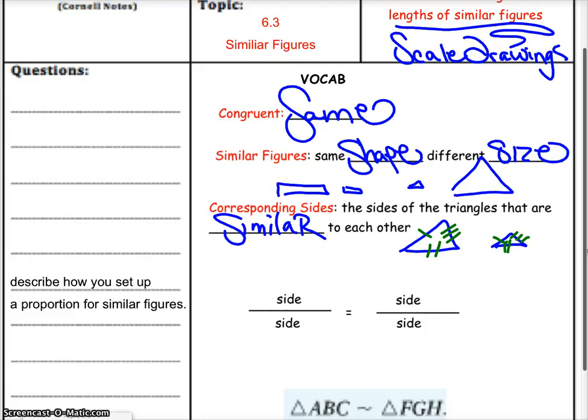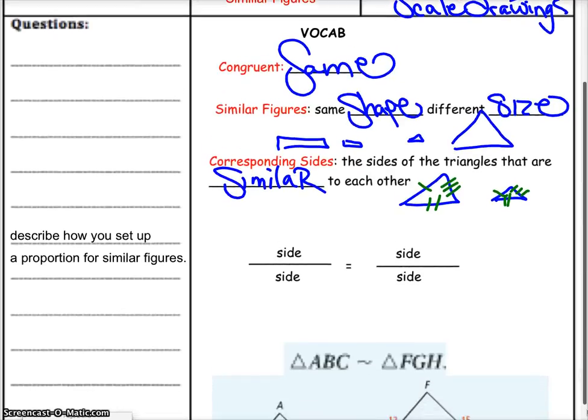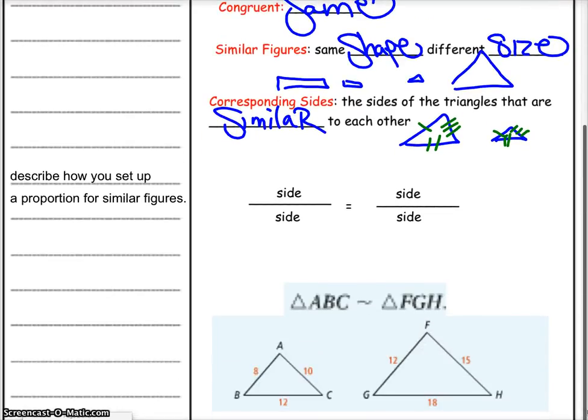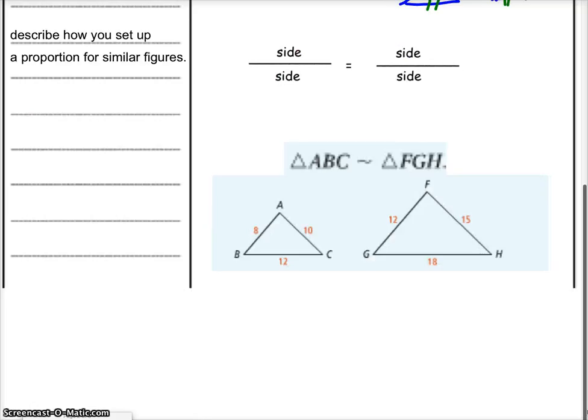Corresponding sides. That's how you set up a proportion. Side 1 is to side 1 as side 2 is to side 2. Okay, that's how you set it up. Another thing about similar shapes is they are proportional.